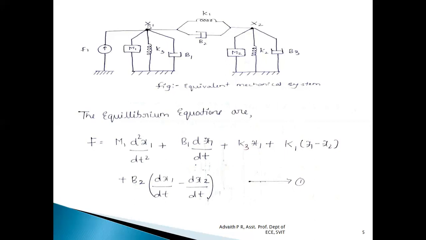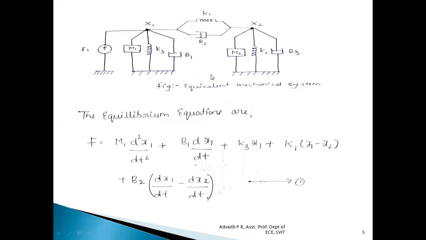F is equal to m into a. Here m is m1. So m1 into a, where acceleration is d square x by dt square. Because we have displacement x1, it will be written as d square x1 by dt square. Hence, m1 into d square x1 by dt square, plus the force because of the damper or friction, which is proportional to velocity of the mass element.